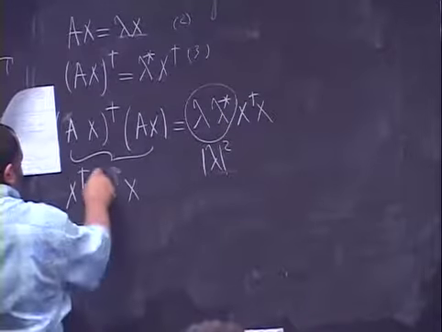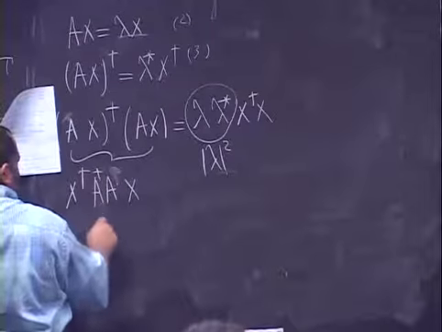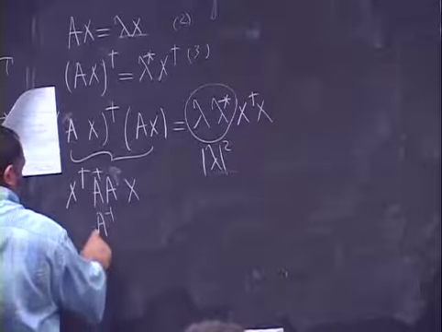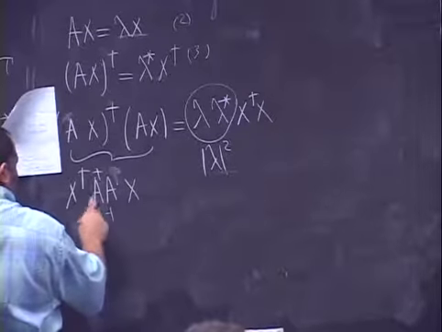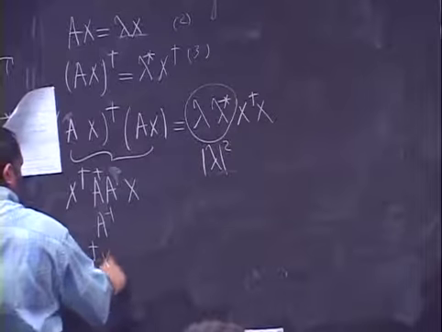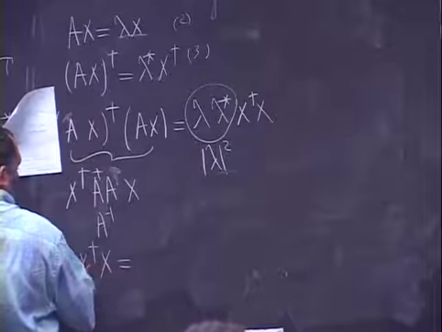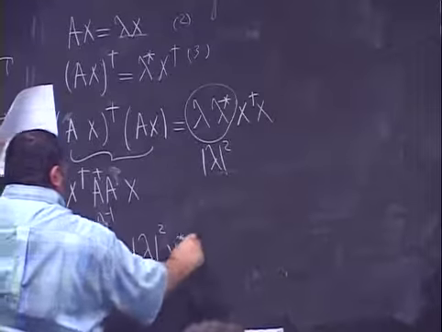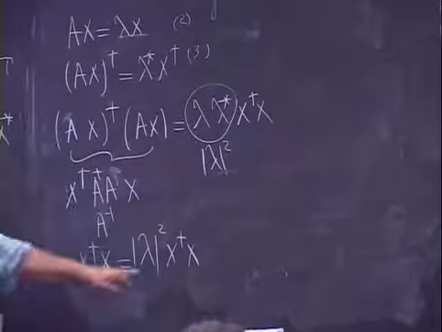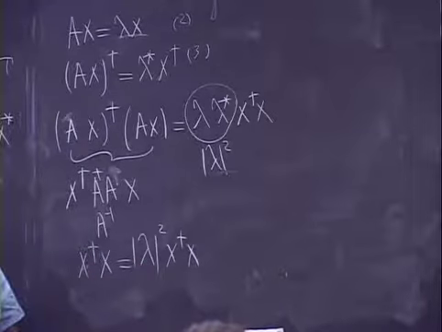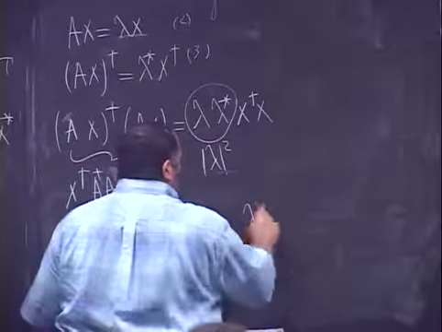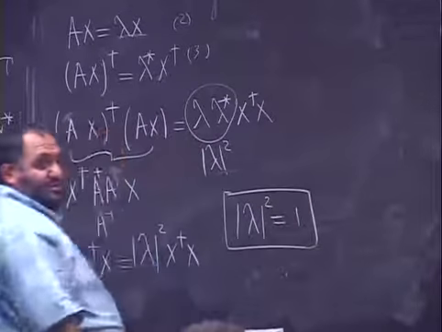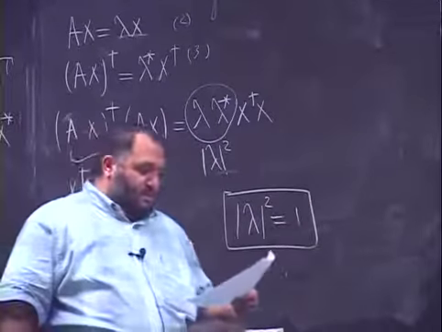A adjoint is equal to A inverse. A inverse multiplied by A is identity. So this will give you lambda square multiplied by this. So lambda square should equal 1. And in this case, this is the condition for a unitary matrix.